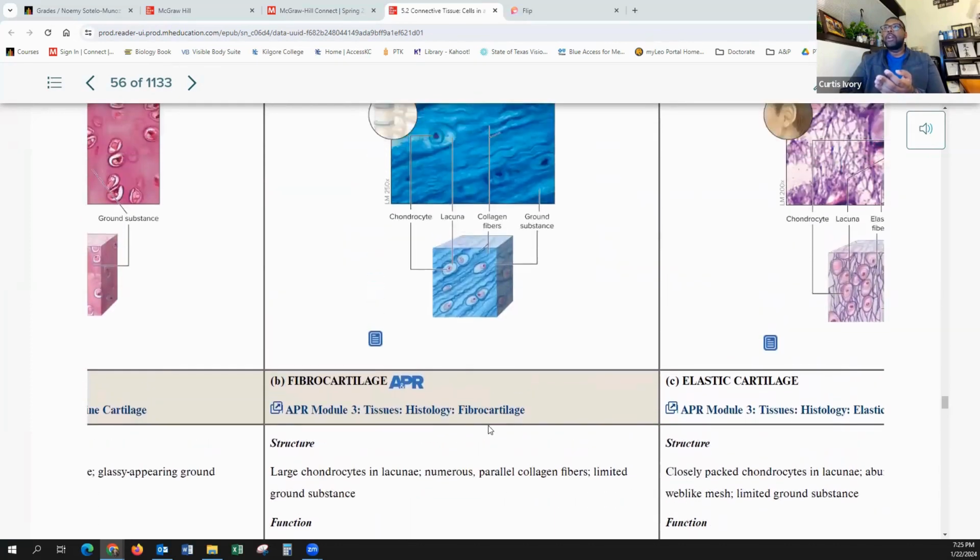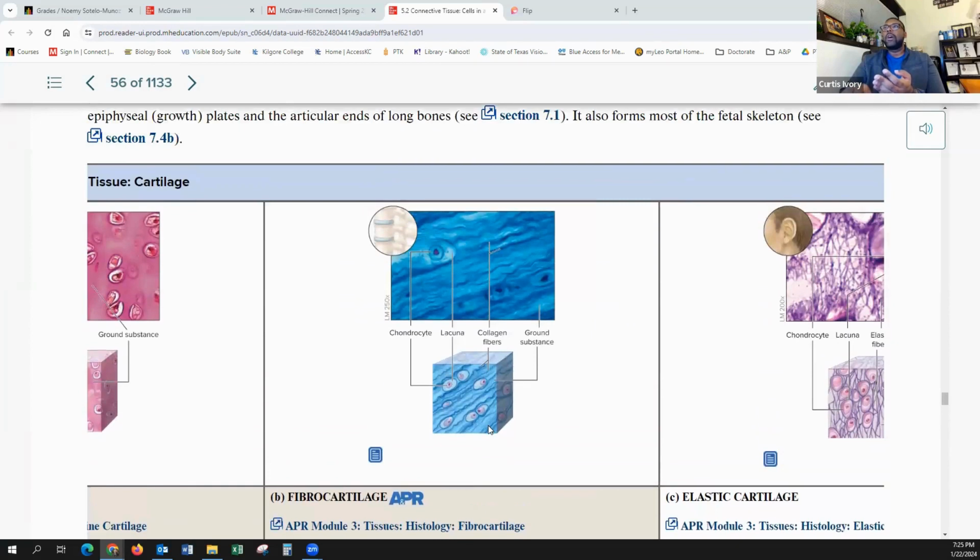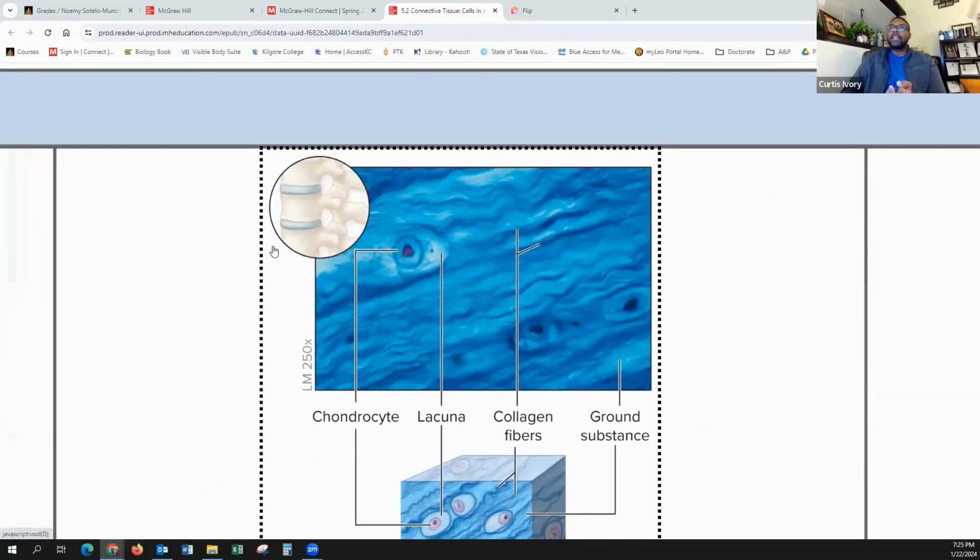So if you are running or walking, your body still is going up and down. So essentially, the fibrocartilage that's in your back, these little blue pieces here, is going to resist compression, but also allow for a smoother transition between the movement of those bones. So it kind of reduces compression.